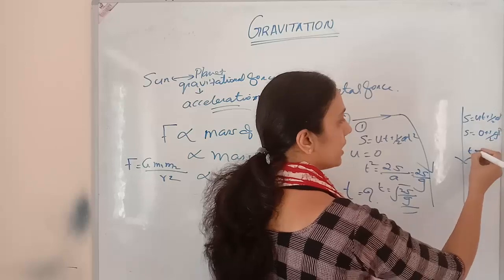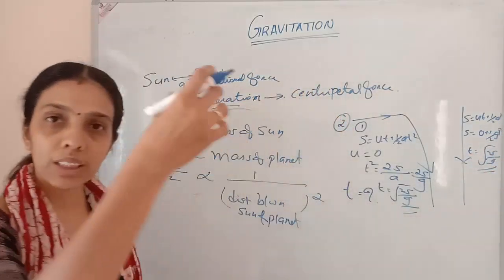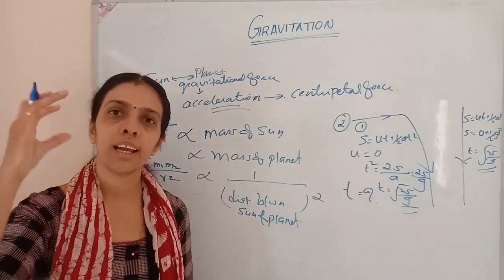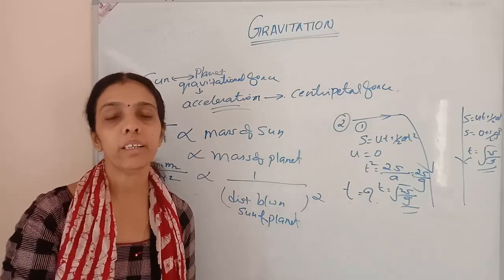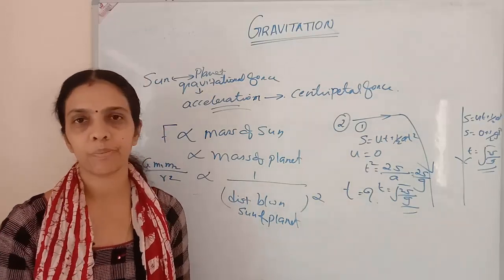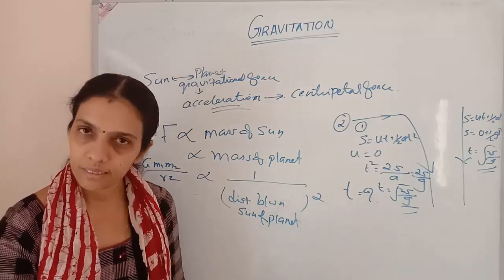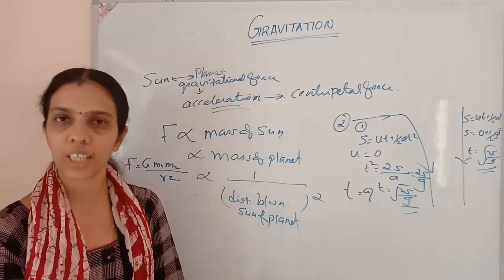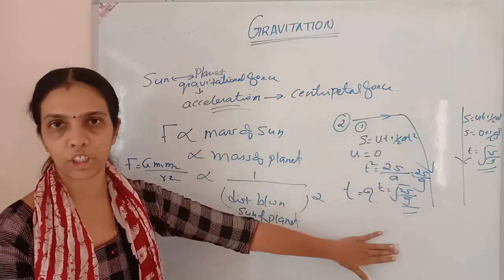So we will get t as root of 2s by g. So when the object is falling down, the time required depends only on the vertical height. Both the stones will reach the earth at the same time. This is the explanation for why.